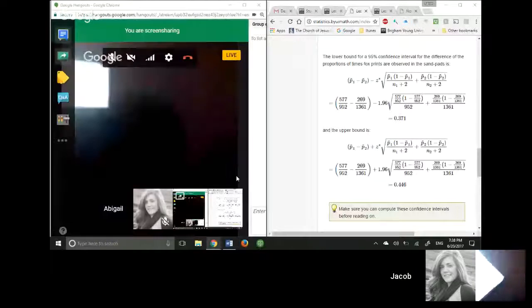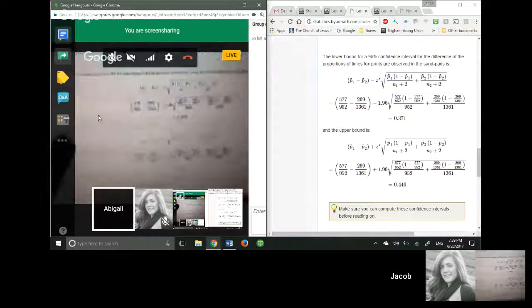I don't know. I mean, it says 95% confidence interval, but there's so many things. I'm going to move my camera. Okay, hopefully that's coming in clear.